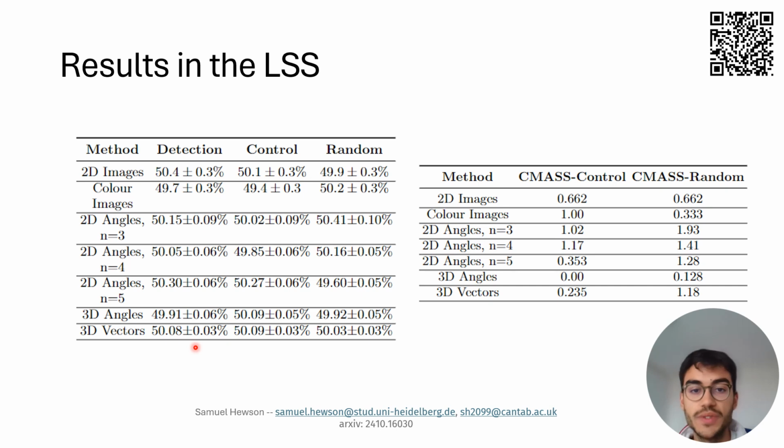So we have no significant evidence of any parity violation in the large-scale structure, which is at odds with previous work, but we can find no evidence to support any claims of parity violation.